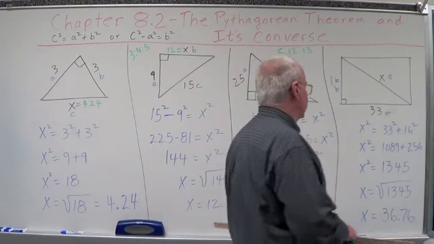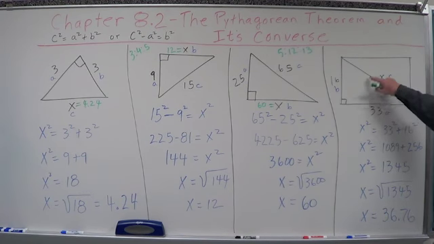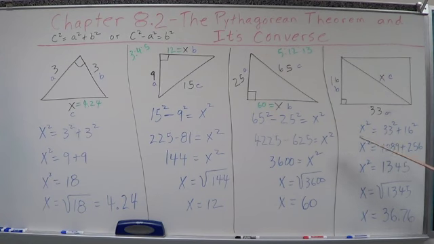Okay, now let's look at this one. We're given the length and the width of a rectangle, and we need to find the diagonal. Oh, well, the diagonal happens to be the hypotenuse. So we're going to call that C, and we're going to call these A and B. We're going to use that equation. C is x. So we say x squared equals 33 squared plus 16 squared.